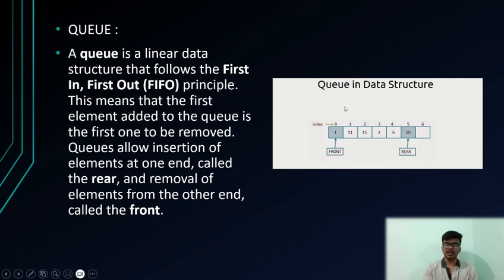A queue is a linear data structure where the insertion of elements takes place at the rear and the removal of elements takes place at the other end called the front. Here it is the same as an array, where the indexing starts from 0, 1, 2, 3 and so on.